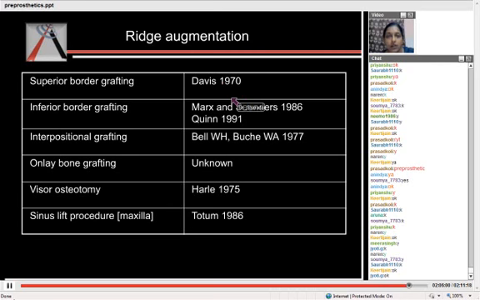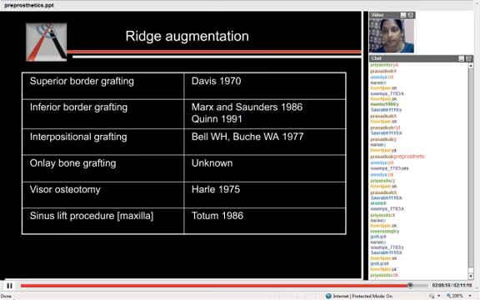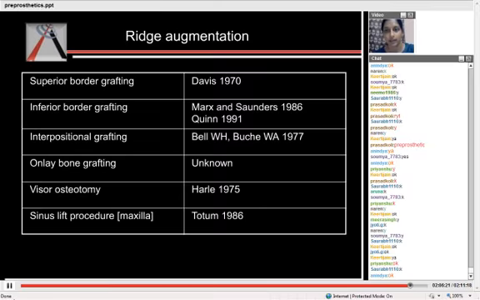So if the patient already has the sinus floor very close to the bone, you need to lift the floor of the sinus so that you give enough space for the implant. That is the sinus lift procedure given by Tatum. Okay, so the next slide.